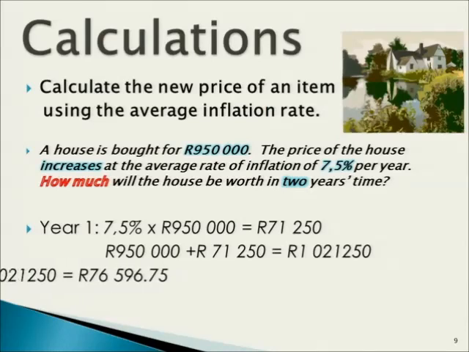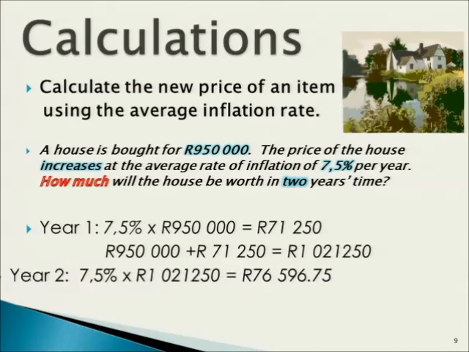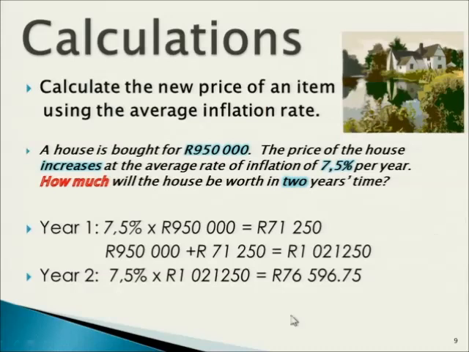Now this is the catching point, because the 7.5% is not calculated on the original 950,000. Remember, it is a year later. The house is now worth more than it was originally. So I have to calculate the inflation rate on the new value of the house, the one that has already had the inflation compounded.